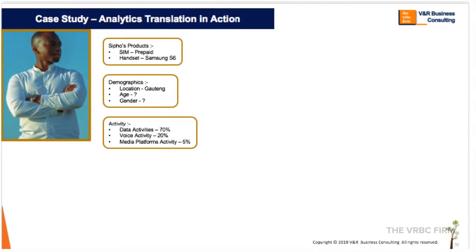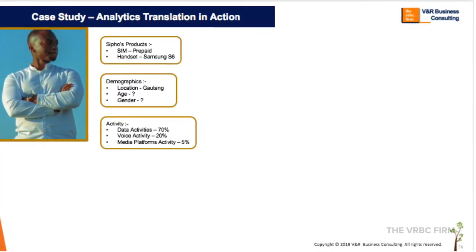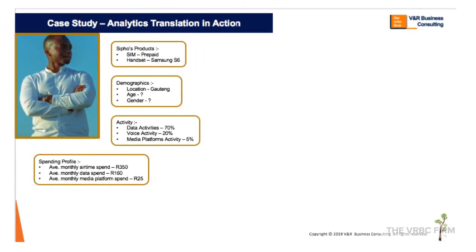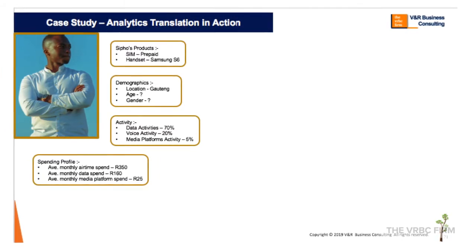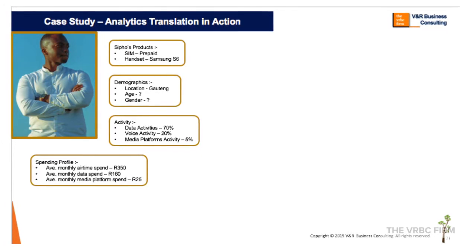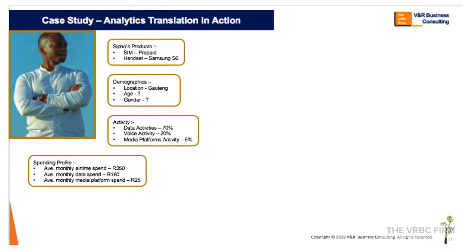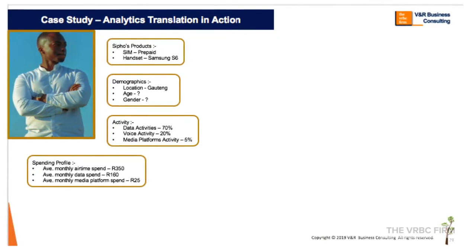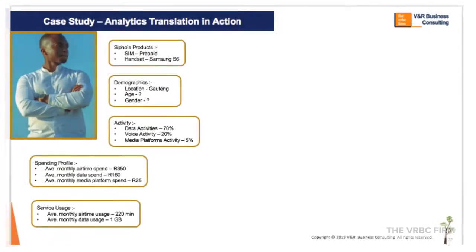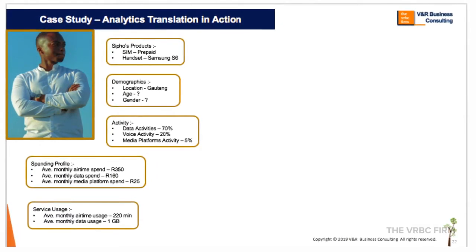We can categorize his activity according to our product and service mix. We can also break down his spending profile in line with the product and service mix. Similarly, with his service usage profile.